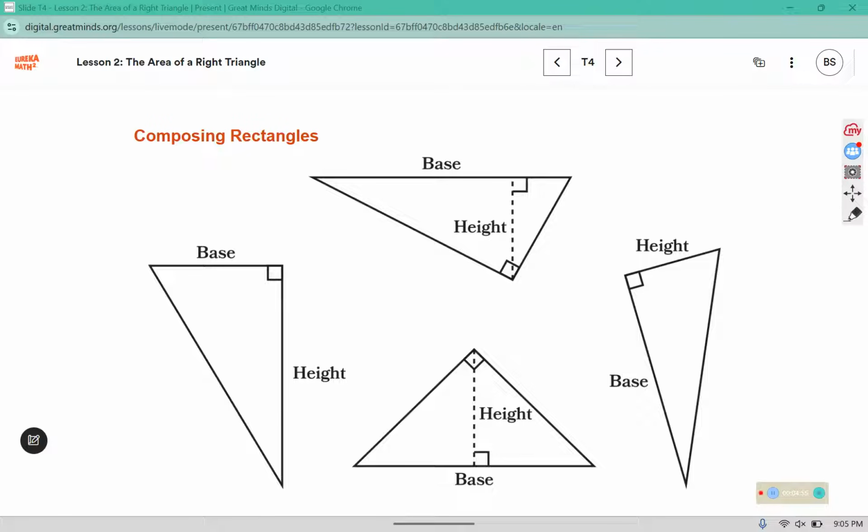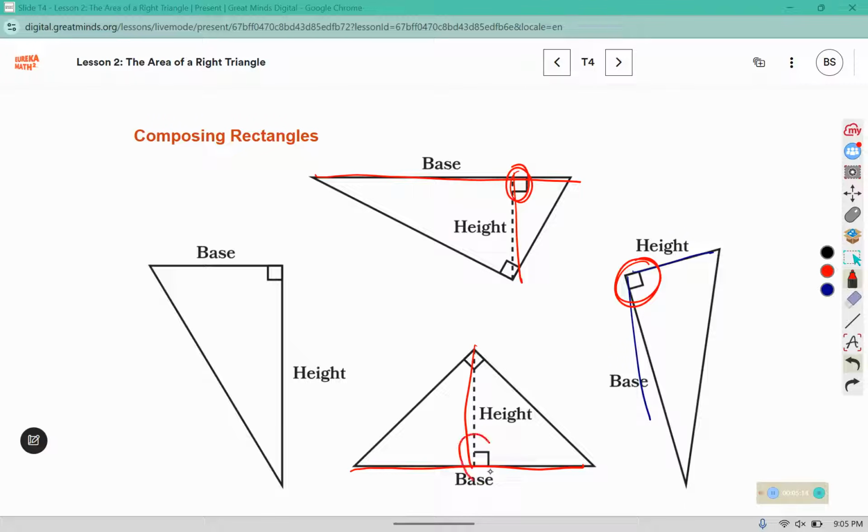What do you notice about the base and height of each of these triangles? The height and base form a 90-degree angle. This is the base here and the height, and they form a 90-degree angle. This base and this height form a 90-degree angle, and this base and this height form a 90-degree angle.